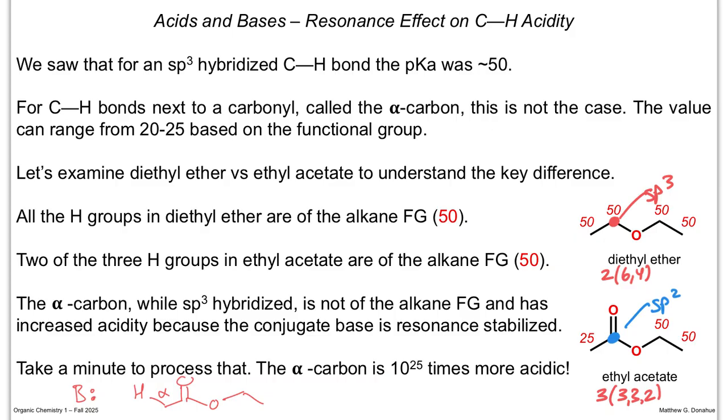So I'm going to cheap out and just say B minus for base. So the base can abstract. The electrons go on the alpha carbon. Now that lone pair will be delocalized. So we form a carbon-carbon double bond.